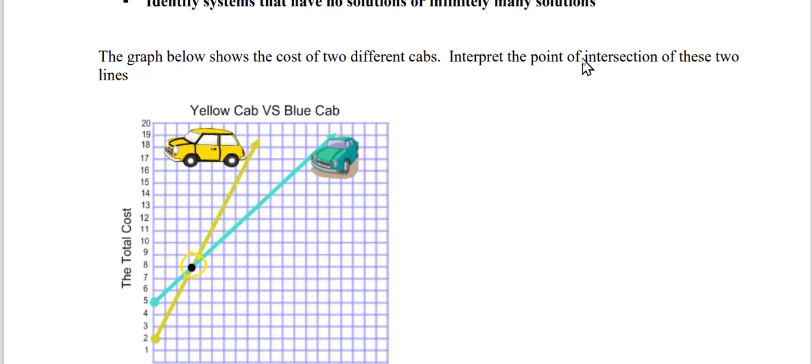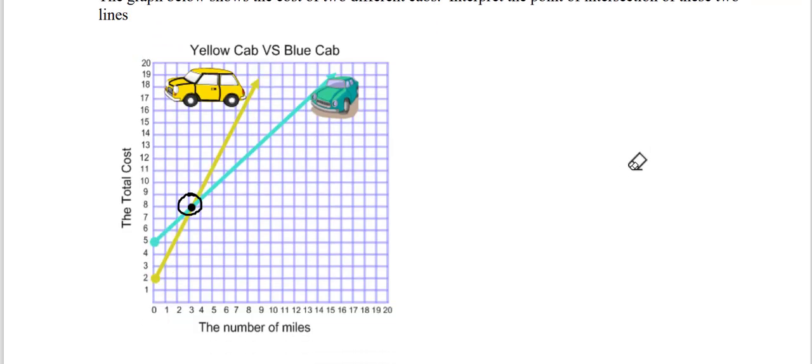You are asked to interpret the point of intersection of these 2 lines. It doesn't really matter what the equations of these lines are.